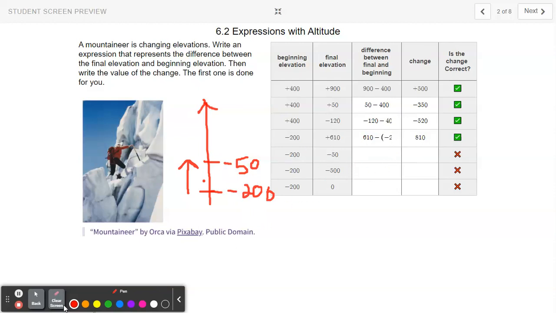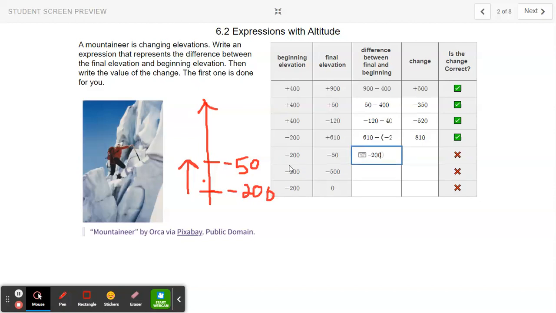So to solve this, we actually take our ending elevation. So we're going to start with our ending elevation of negative 50, and we're subtracting our beginning elevation of negative 200.